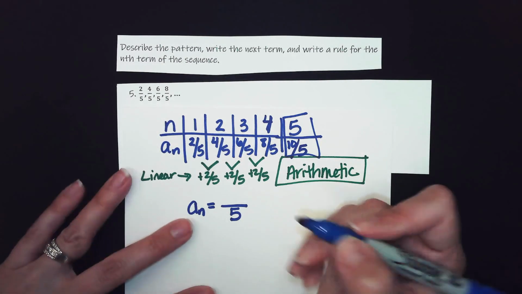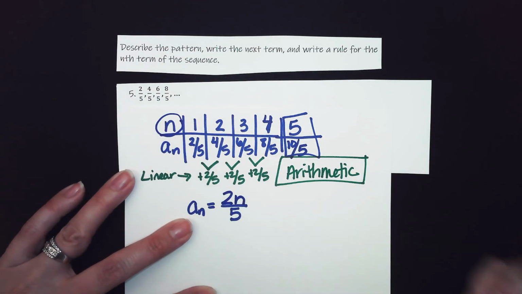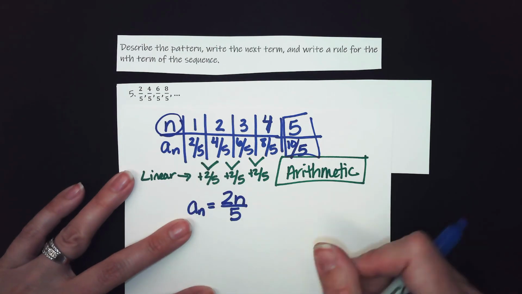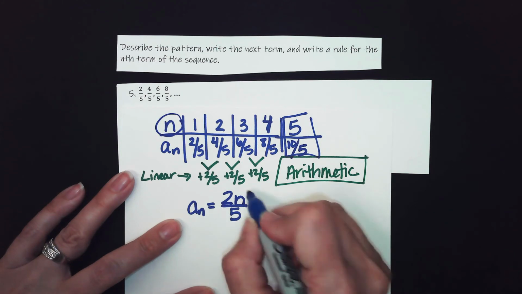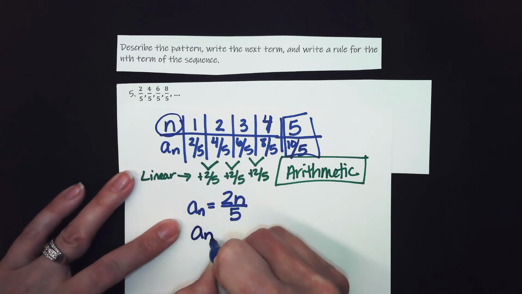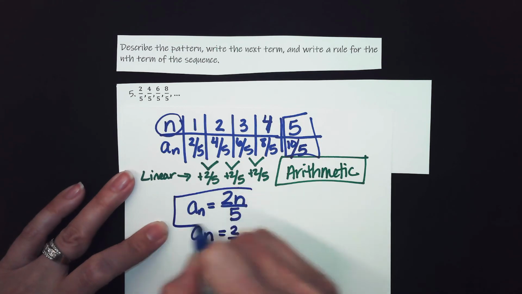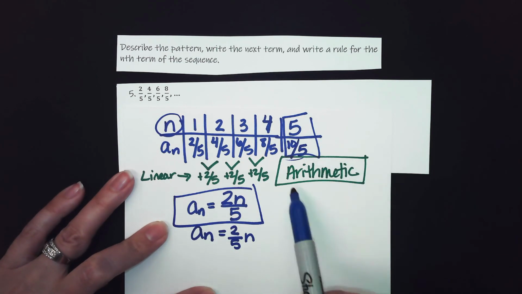That's how I see it. So if I take 2 times n, and then it's over 5, I get my rule. So you can write it like this, or you could write it as an equals 2/5 n. Both of these are correct. It doesn't matter which way you write it. So our 5th term is 10/5. This is arithmetic. And there is our rule.